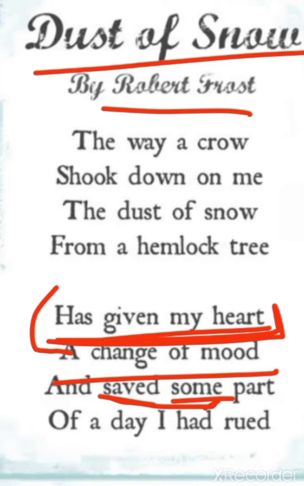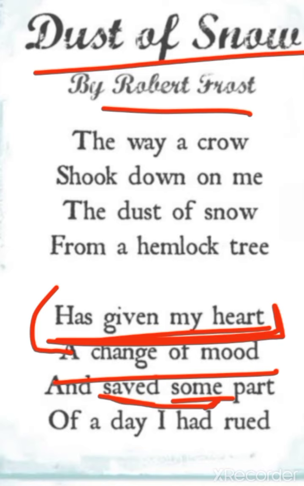Now, it says he has given my heart a change of mood, but the incident has given the poet a change of mood. It's not only the heart. So here it's synecdoche. Synecdoche is when we mean something else by writing something else. Let's try to understand it. For example, "has given my heart a change of mood."